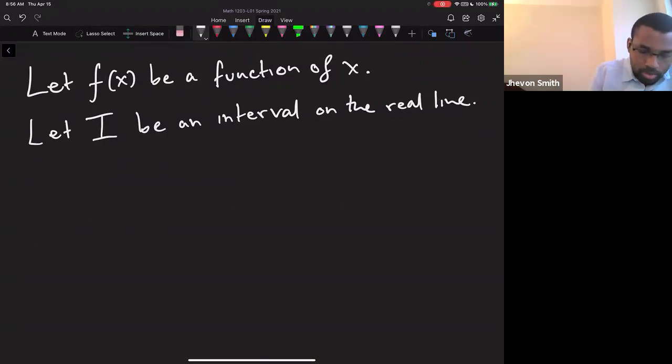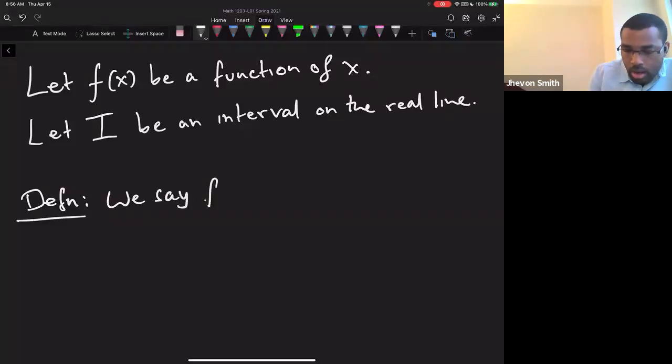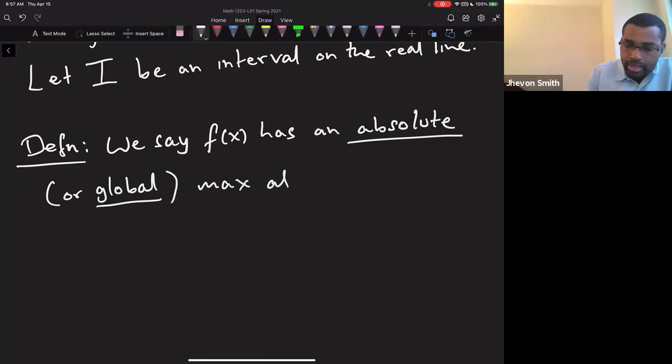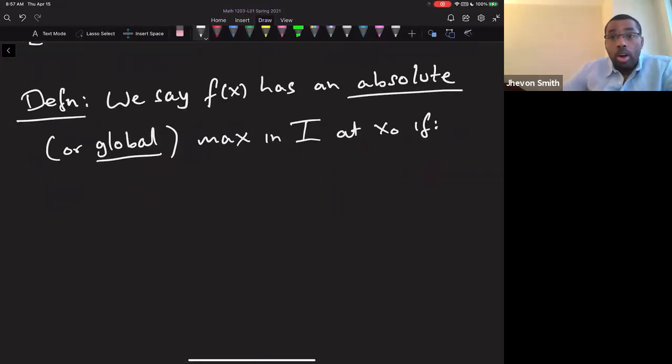Here are some definitions. Definition. We say f of x has an absolute or global max in I at x naught if... So we can say this function has an absolute max on this interval.